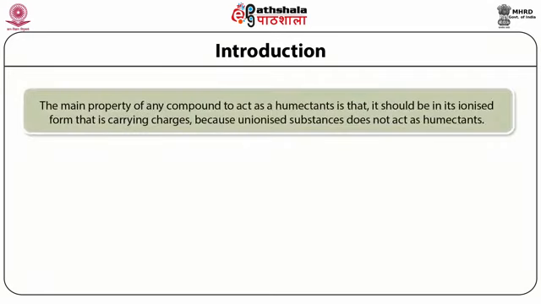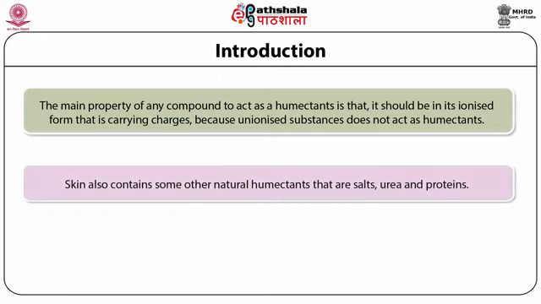The main property of any compound to act as a humectant is that it should be in its ionized form and that it should be carrying charges, because the unionized substances do not act as humectants. Skin also contains some other natural humectants that include salts, urea, and proteins.